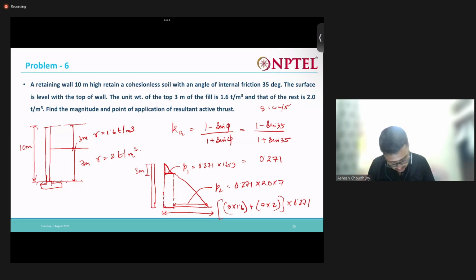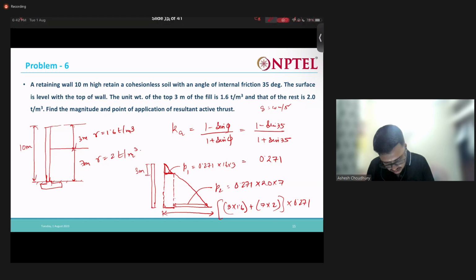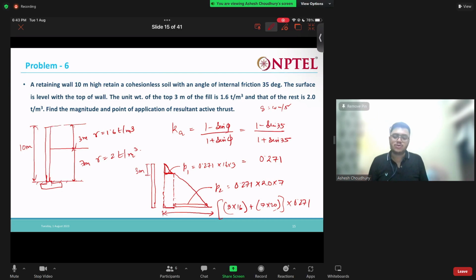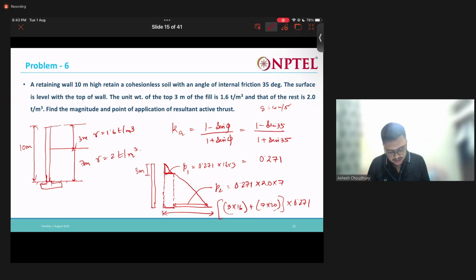Okay, sorry, we just correct it: 16 and 20. Now to find the magnitude of the resultant active thrust, we'll just take the areas of these triangles, right?